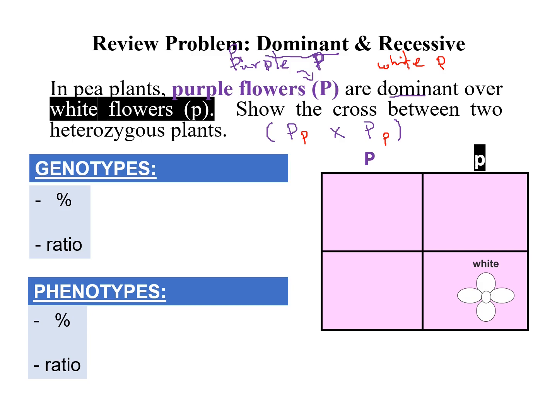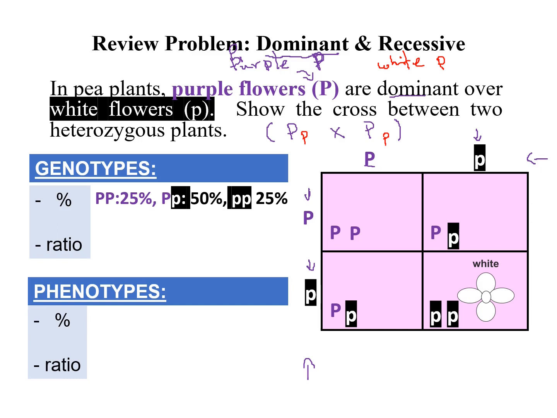So the first thing that you have to do is to add the information here, separate the alleles. So remember, this is the cross. You will have here the dominant, and here you have your recessive, and here you will have again dominant, and here you will have your recessive. So super easy.